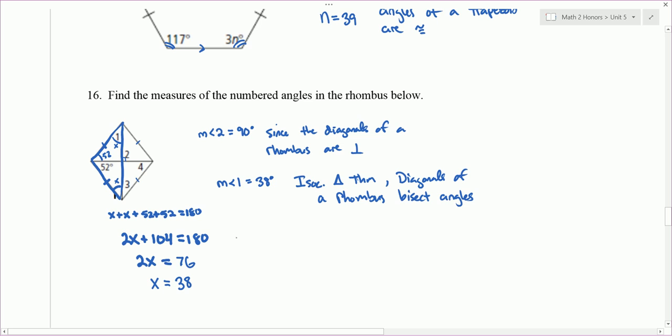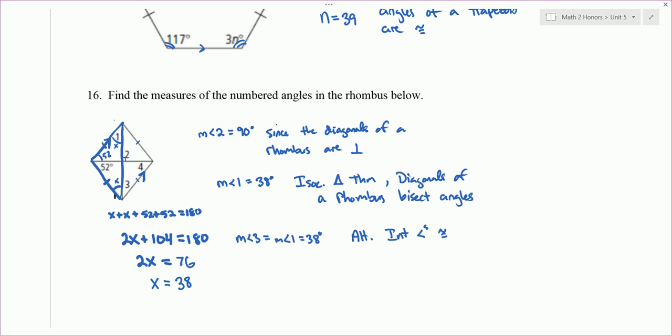Then we can say that the measure of angle 3 is equal to the measure of angle 1, which is 38, because they're alternate interior angles with parallel segments. This side is parallel to this side, giving us alternate interior angles are congruent.